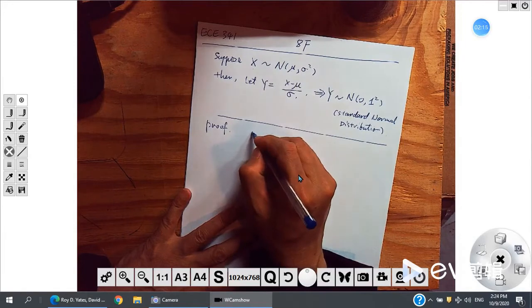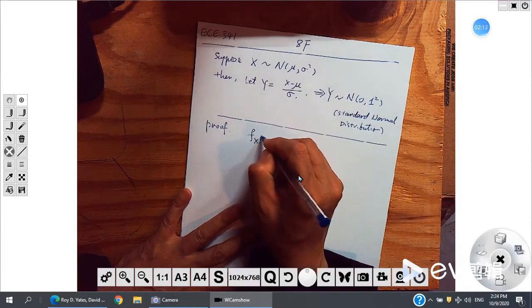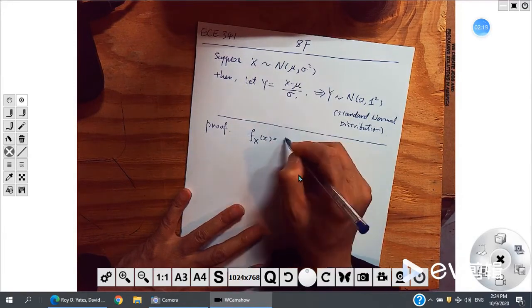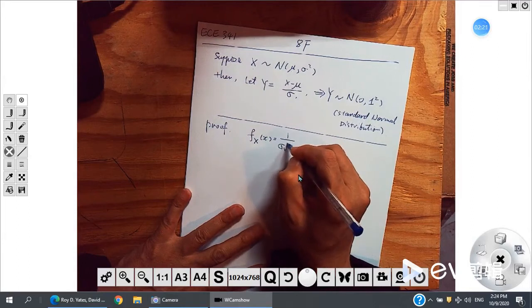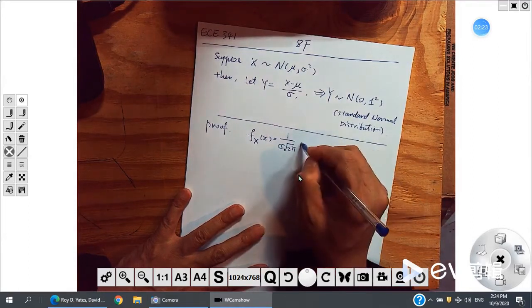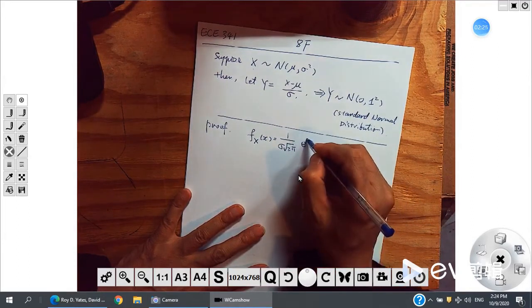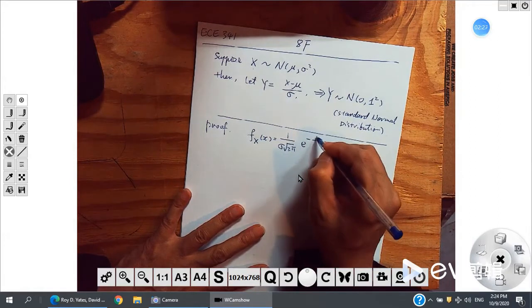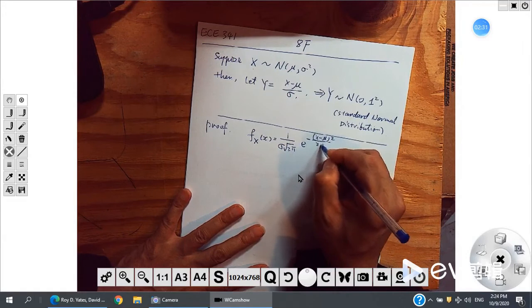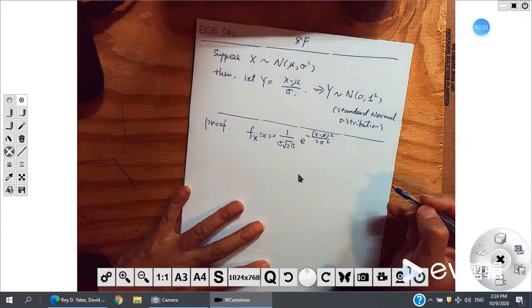So we have the PDF of X. There will be 1 over sigma square root of 2 pi times exponential, and the power is negative (x minus mu) square over 2 sigma square, right? So we have this one.